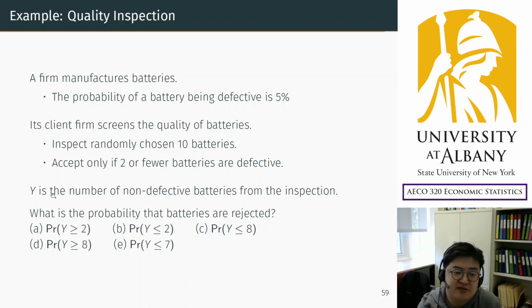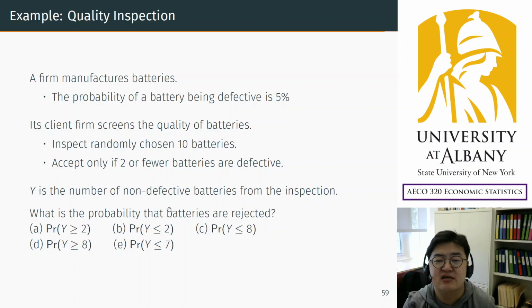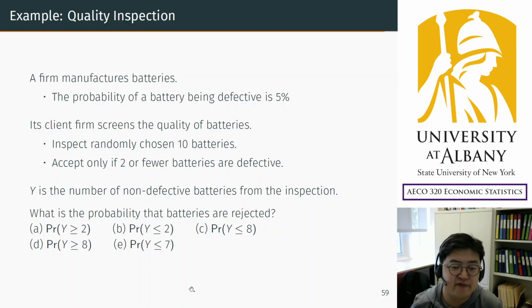And in this case, I'm going to define Y as the number of non-defective batteries in this inspection process, right? So then what is the probability that my battery delivery is returned, rejected? Calculate, based on this scenario, find the correct statistical notation that we are looking for.